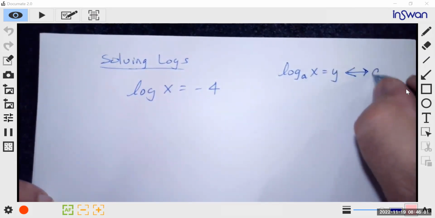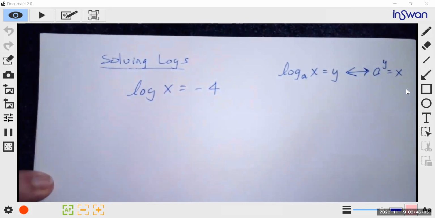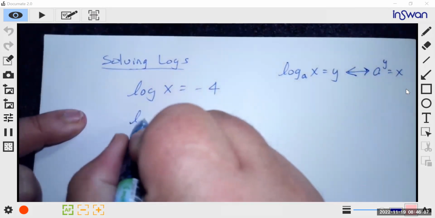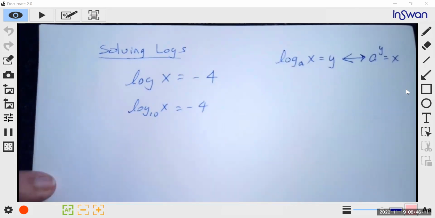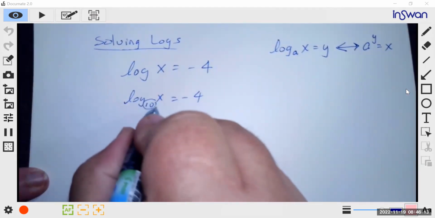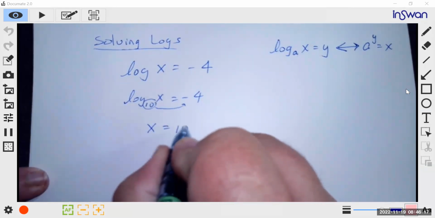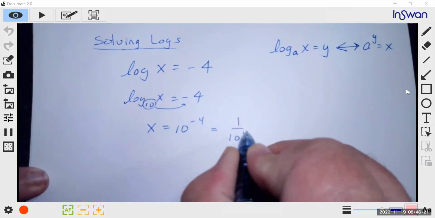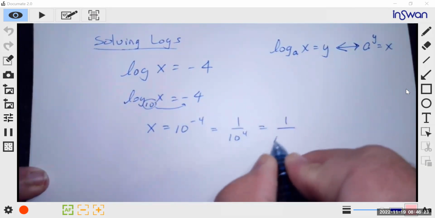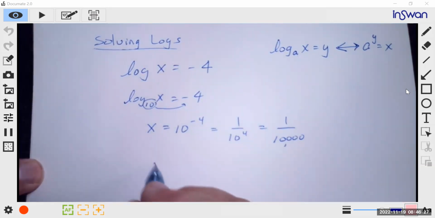The base pushes up the answer, and the log drops off. Since there's nothing here, it's log base 10. So the 10 pushes up the -4, and the log drops off. This is a negative exponent. There's your answer. x is equal to 1 over 10,000.